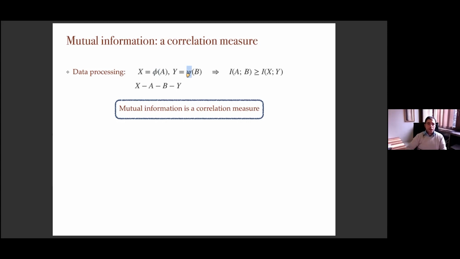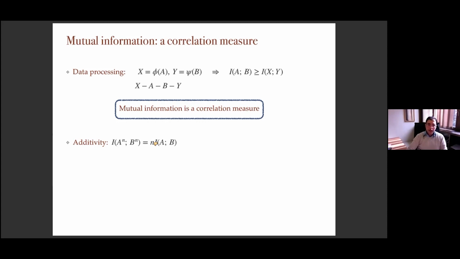This is one important property of mutual information. The other important property for me is the additivity property. If I compute the mutual information between n copies of A and n copies of B, I would get n times the mutual information between A and B. Again, this is a simple computation to verify using the definition of mutual information.